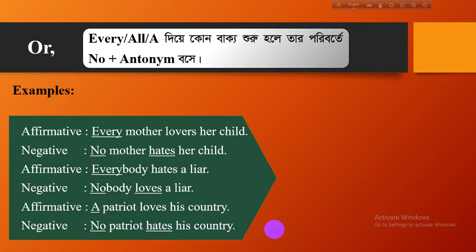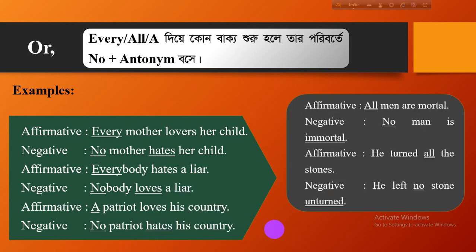So let's take some of the examples. All men are mortal. So instead of all, we can use no man is immortal. So in the place of mortal, we use the opposite word immortal. He turned all the stones.